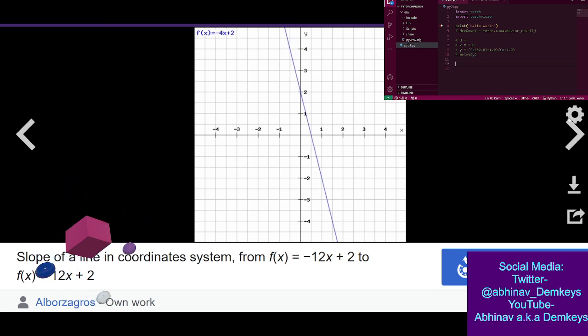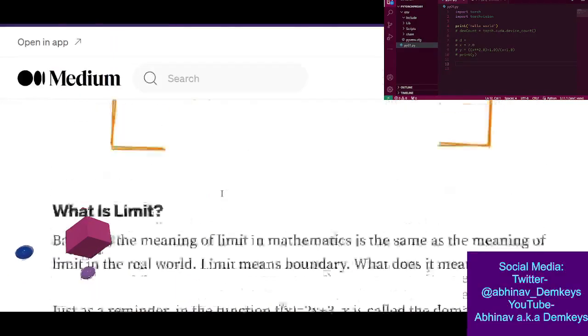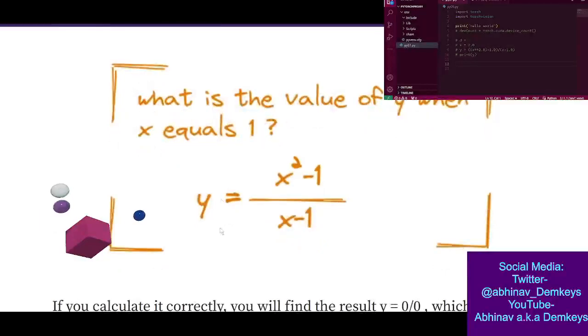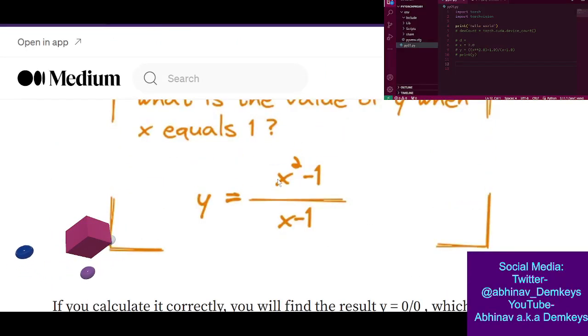Yesterday, by the way, when we got into calculus, we had looked into this thing. We started learning about limits, right? And then we looked into this formula, and I couldn't understand why it was returning 0 divided by 0 until I actually did the calculation. It returns 0 over 0 if x is 1, because 1 to the power 2 is 1, and then you subtract 1 and you get 0.